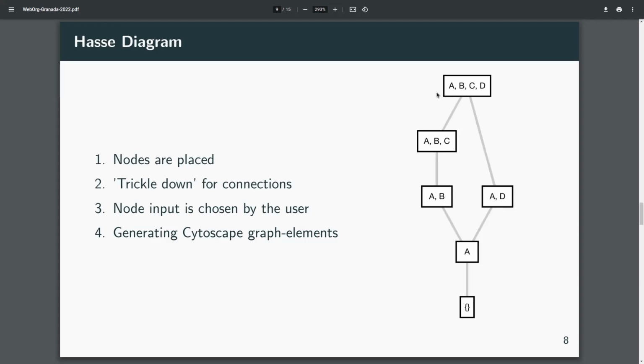So after that's done, we create all the cytoscape graph elements. These consist of the nodes and the edges with their labels. And in this view, it's also possible to change the labeling of the graph.